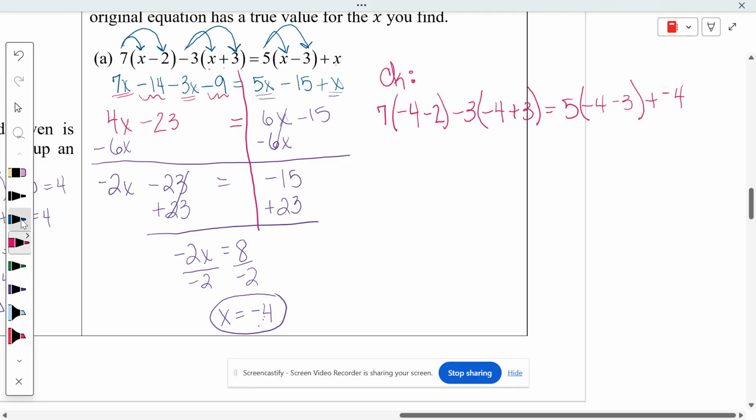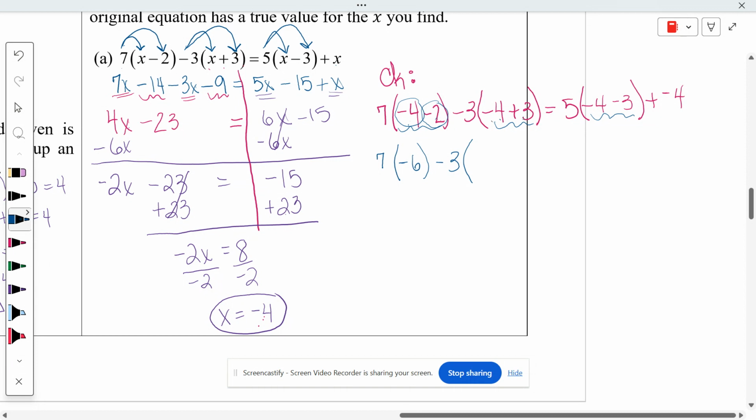All right, so let's do some math. I have to take care of what's inside of the parentheses first. Don't forget that. So I have 7 times negative 4 and negative 2. When the signs are the same, you add and keep. 4 plus 2 is 6. Keep the sign. That's what I mean by add and keep. Minus 3 times the parenthesis.